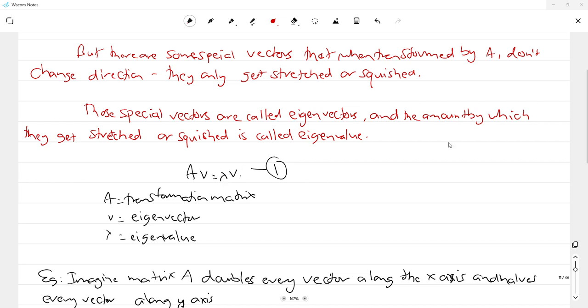In this particular case, the transformation A acts on the vector and just multiplies it by a scalar lambda. No rotation, no direction change, just scaling. In this particular case, we say this vector V is an eigenvector and the value lambda is an eigenvalue.